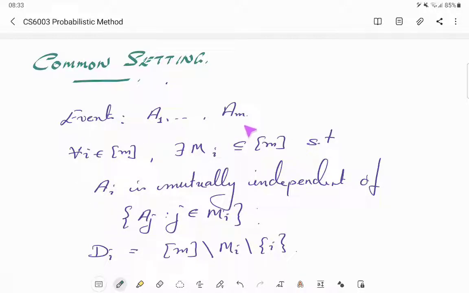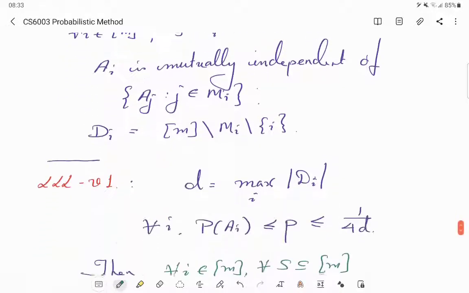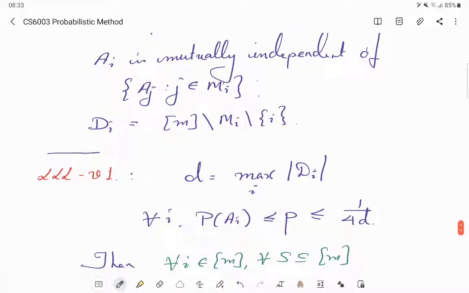The events are A1 to Am, and for each i, there is this subset of indices Mi such that Ai is mutually independent of all the events Aj indexed by j from this set Mi, and our Di is nothing but the remaining subscripts. But by remaining we mean you have to remove i also. I'm banking on the fact that you have already memorized this definition of Mi and Di.